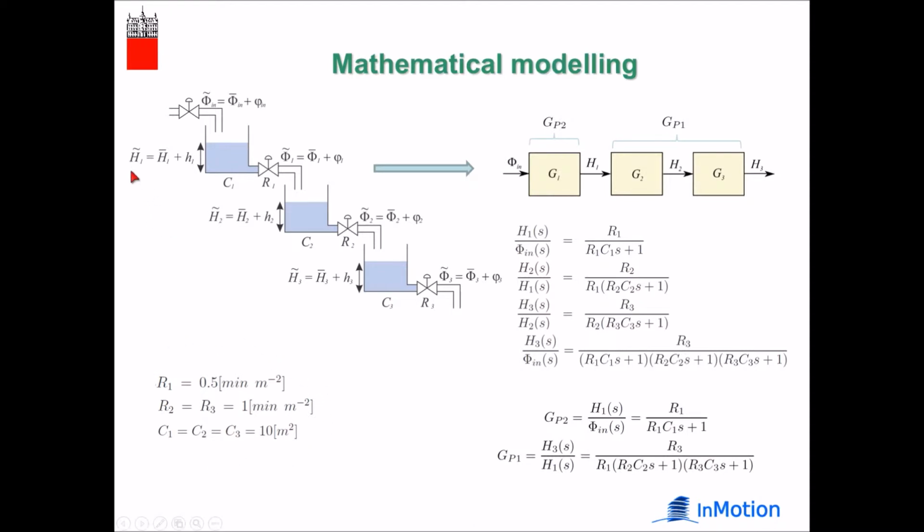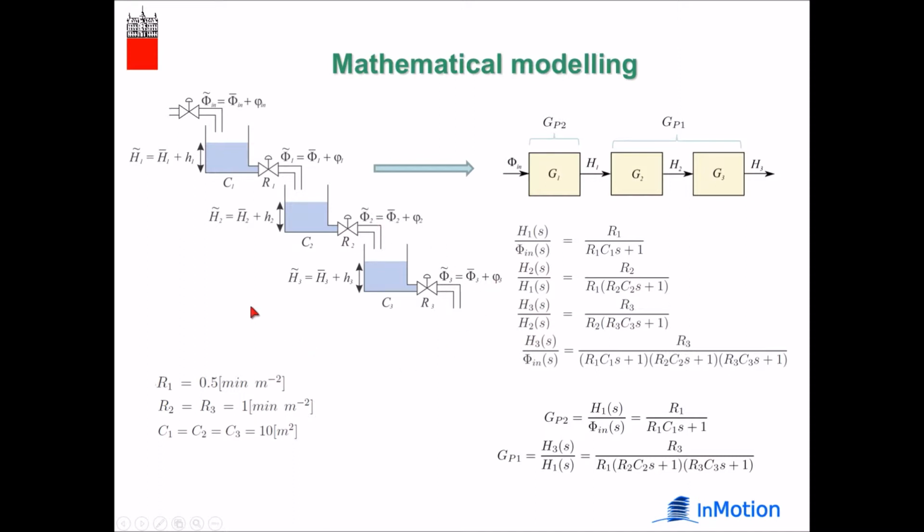For the modeling, it is very important to understand that each variable consists of a working point value and of the small change. This is valid for all levels, but also for all flows.